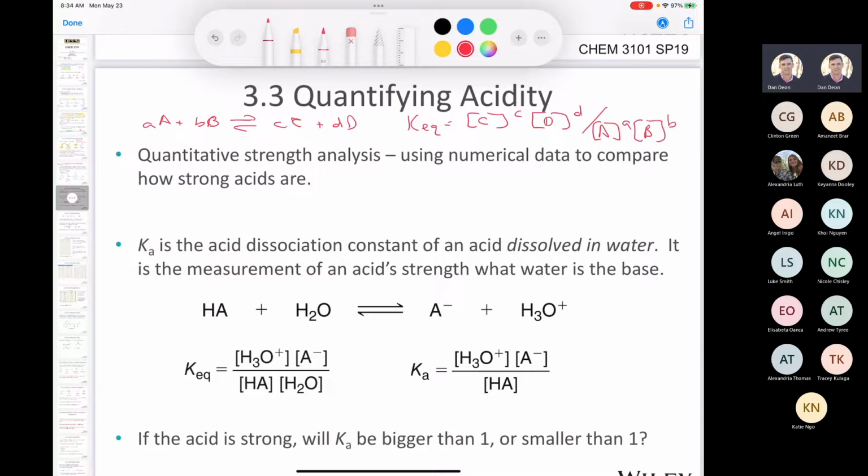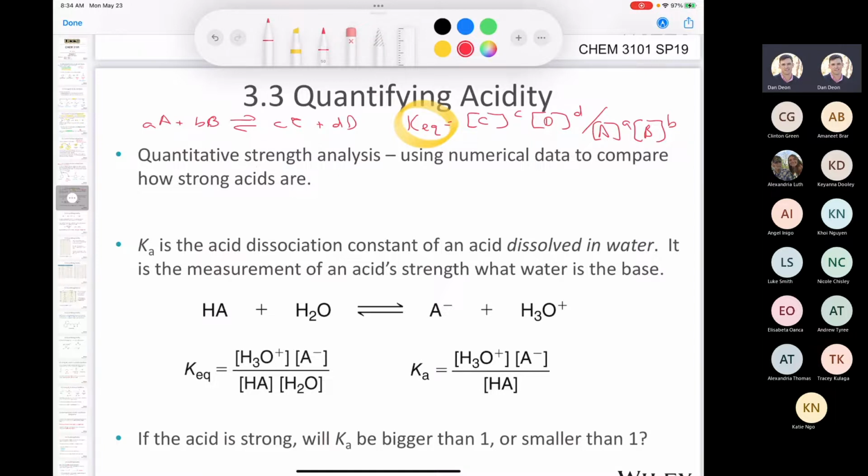That's something that you would have learned, again, in General Chemistry 2 in the equilibrium chapter. And we used equilibrium constants in General Chemistry 2 to predict whether the reaction favored reactants or products. But here we're going to use it to quantify something called Ka, which is an acid dissociation constant. And then we're going to take the pKa, just like you would calculate pH.